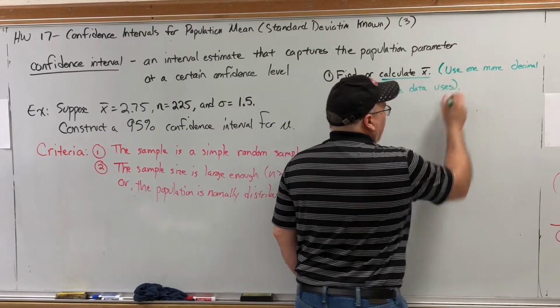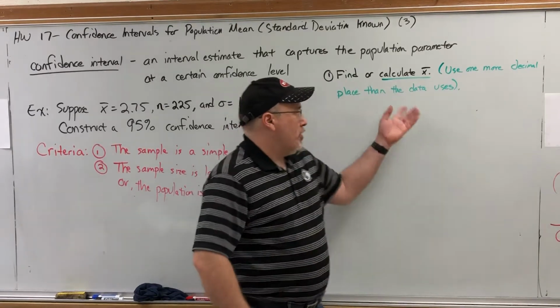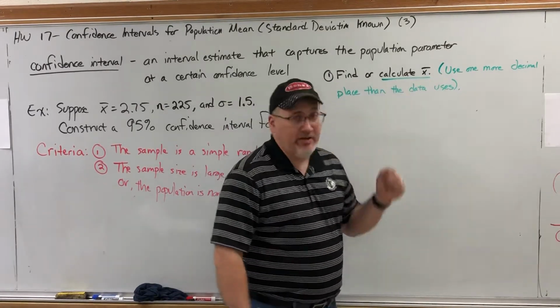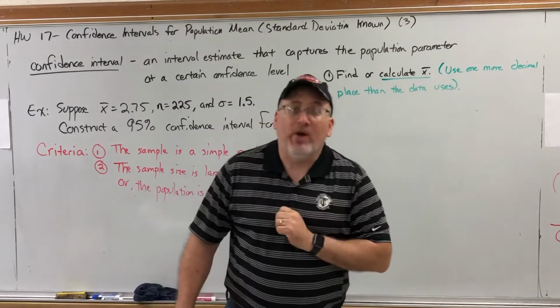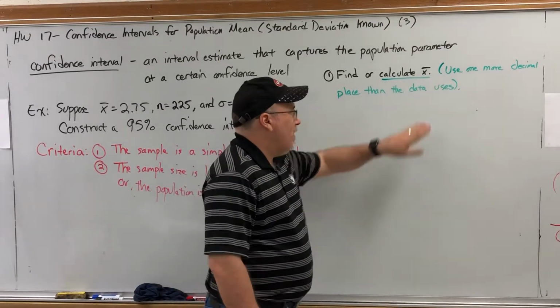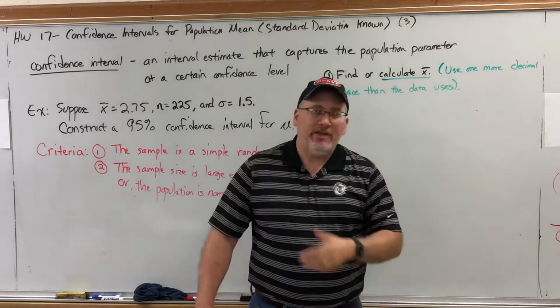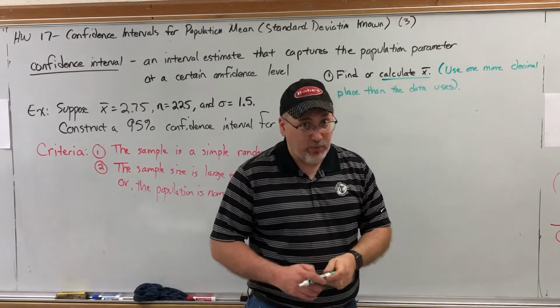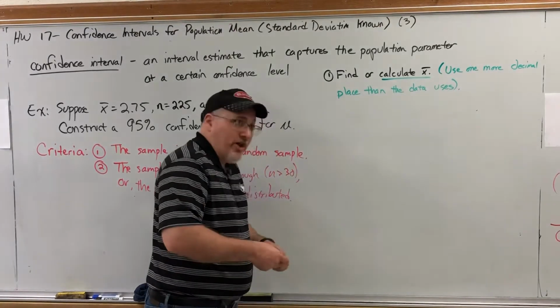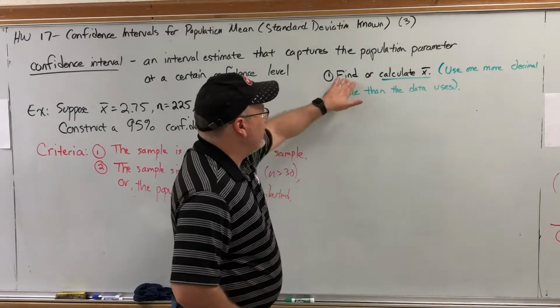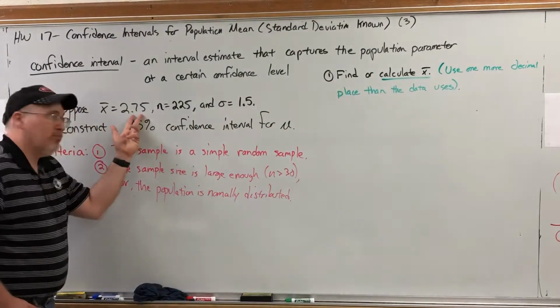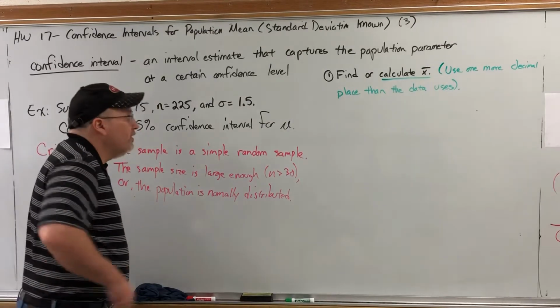So for example, if all of our numbers were whole numbers and we were calculating their mean, we would round it to one decimal place. Or if all of our values had 2 decimal places and we calculate the mean, we would round it to 3 decimal places. So you just pick up 1 extra decimal place. Unless you're just given the X bar, in which case that's the number of decimal places that you use.